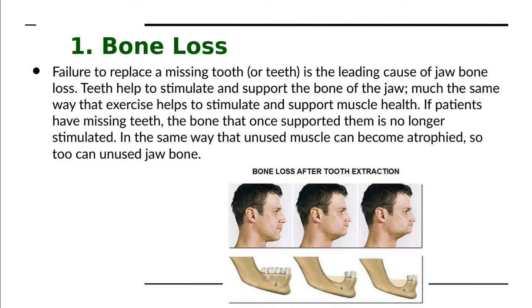Whenever you don't use something, it gets atrophied in due course of time, right? So this is what happens, and there is bone loss when there is loss of teeth. There are no periodontal mechanoreceptors to give the positive stimulus.